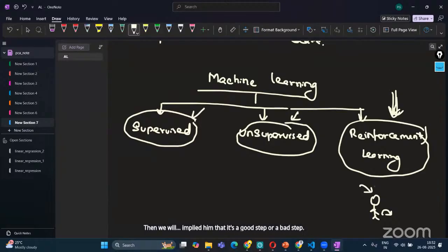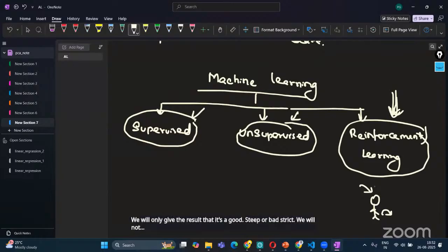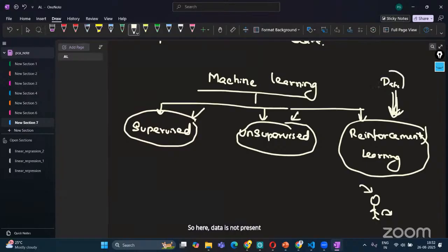We only give the result that it's a good step or bad step. We will not feed any kind of knowledge to this person about what to do. So here data is not present. Basically, we will not feed much data while learning the pattern.